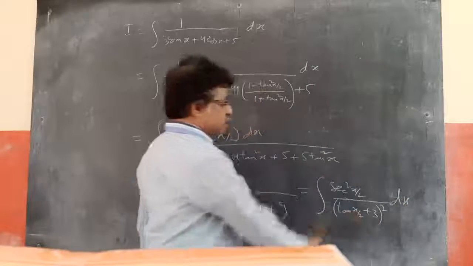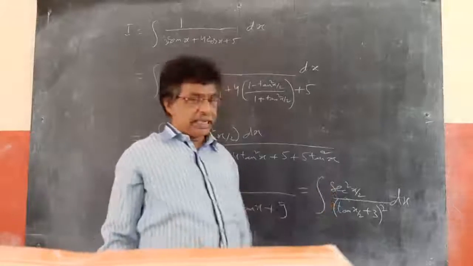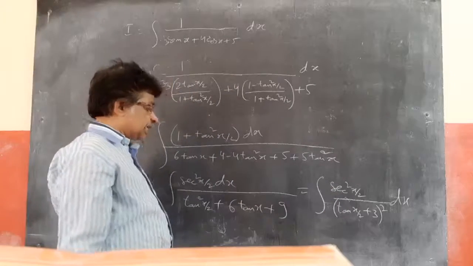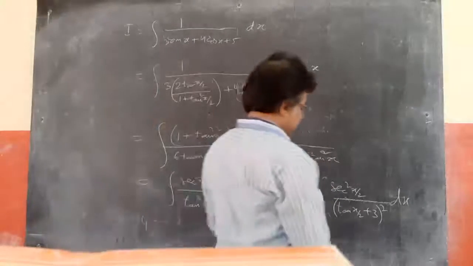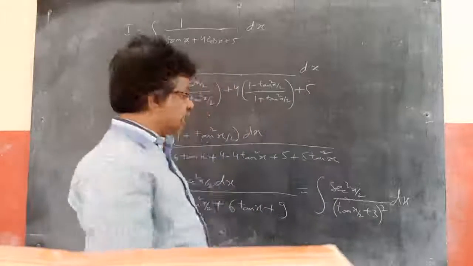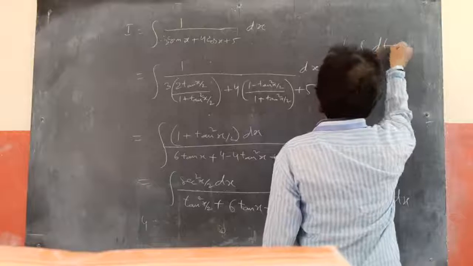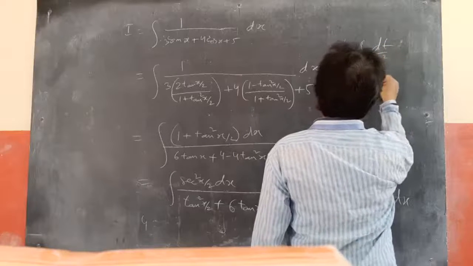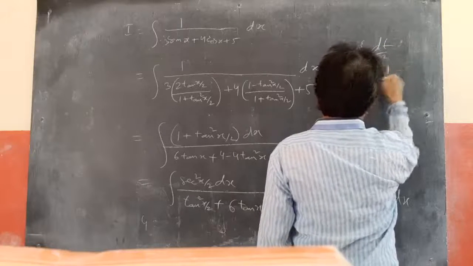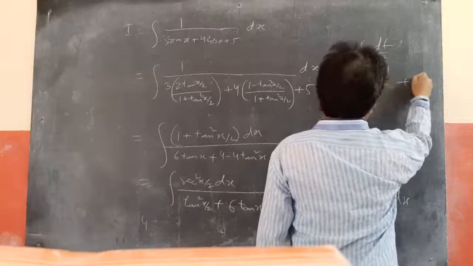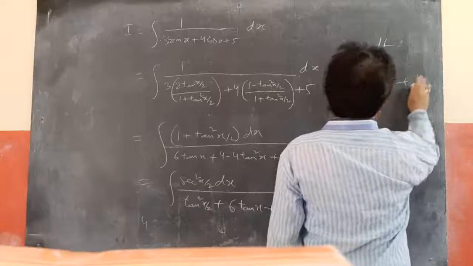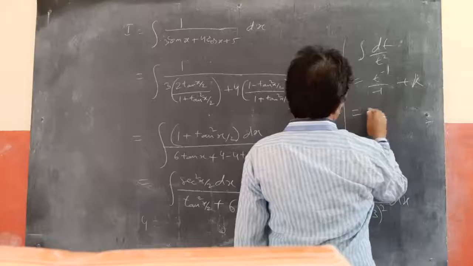Now if I take this as t, this is dt by t square form. So I am taking tan x by 2 plus 3 as t. So that becomes the integral of dt by t square, which is equal to t power minus 2 plus 1 by minus 1, plus c. Not plus k, I will take, already c is given somewhere.